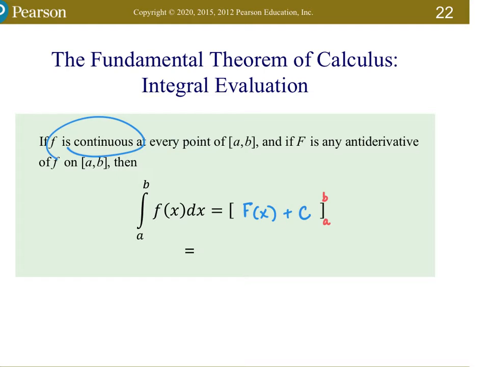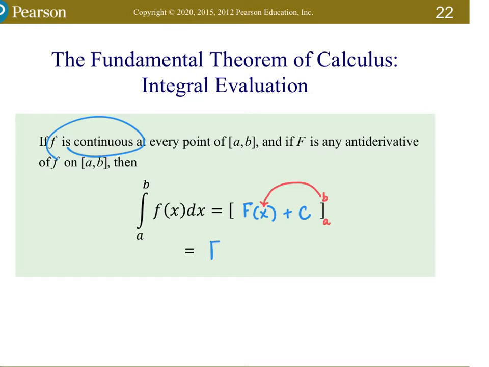So that's the definition. An integral connects to an antiderivative. Those are equal to each other. The next step is to take the bounds and to drop them into the function. So first you drop in b.